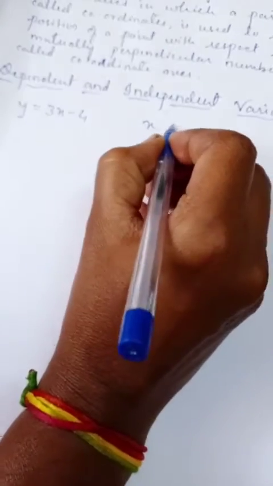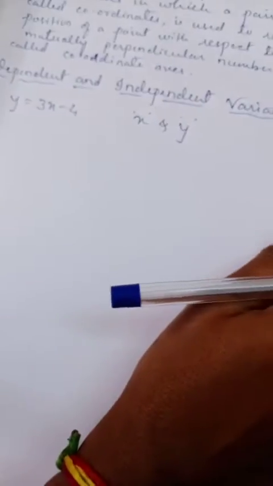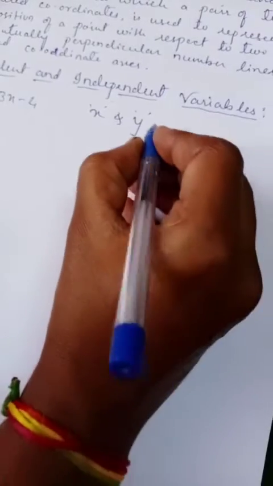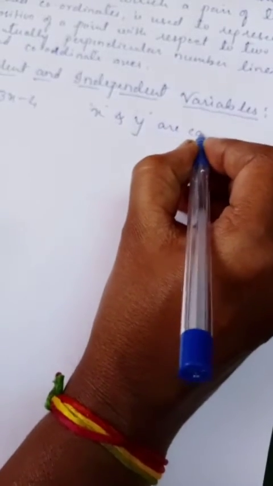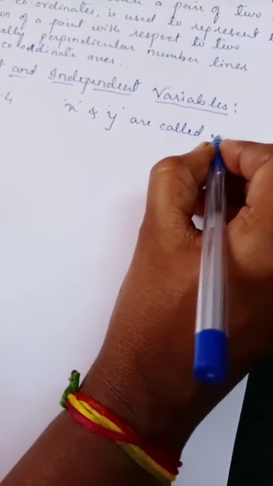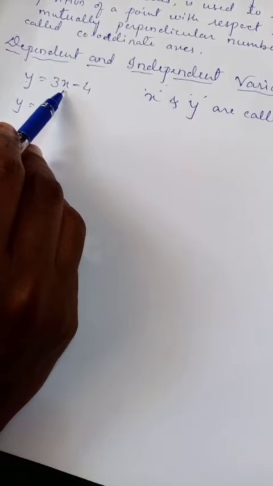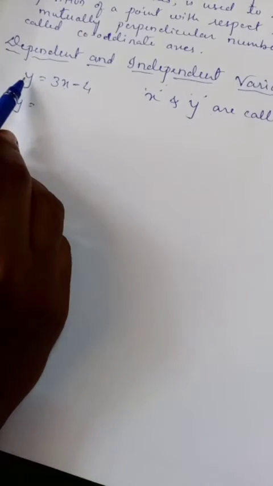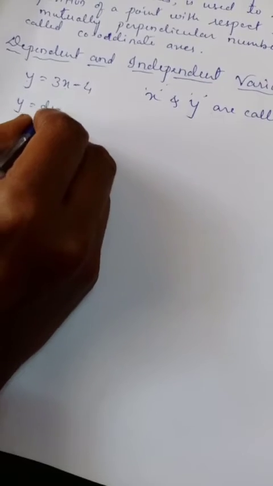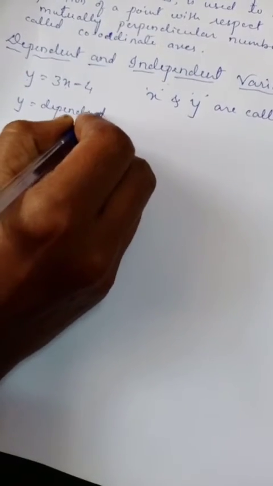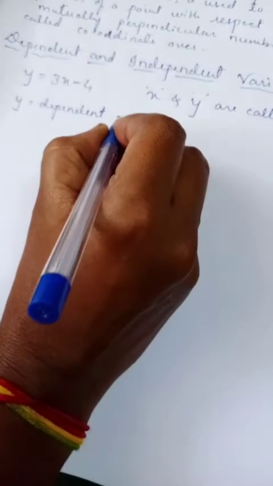Here x and y are called variables. If you find out the value of x, then we'll get the value of y. So y is a dependent variable here.